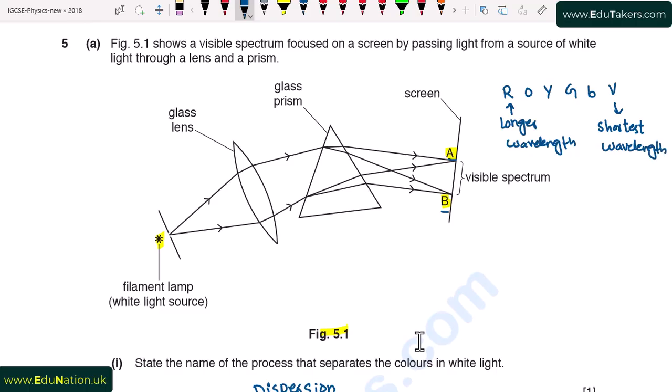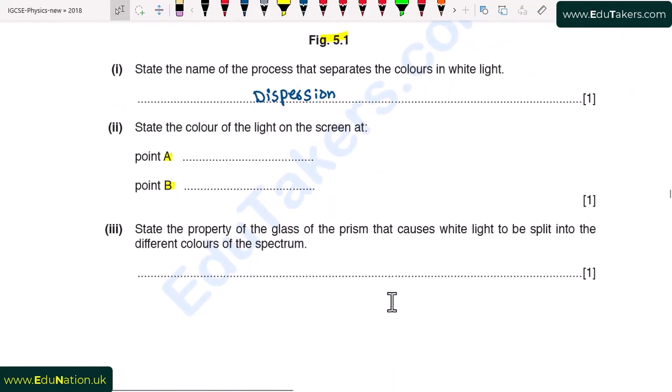So the color that has the longer wavelength, that is red, will be at point A, while the violet color will be at point B. I write here, at point A the color is red and at point B it is violet.